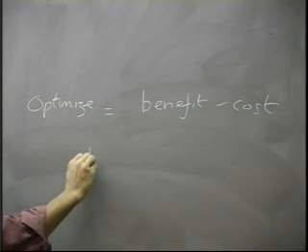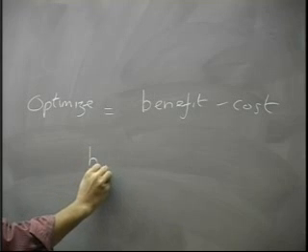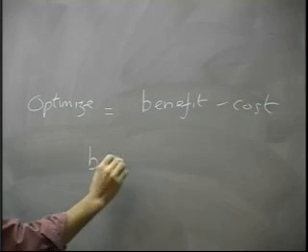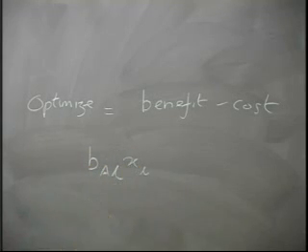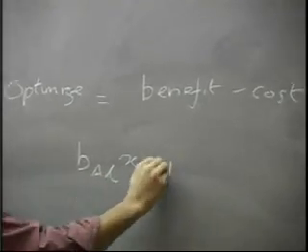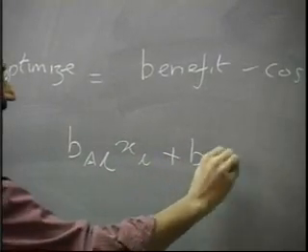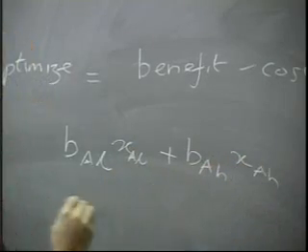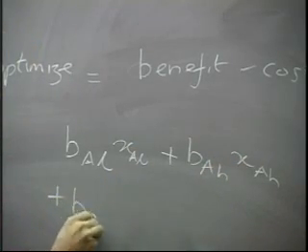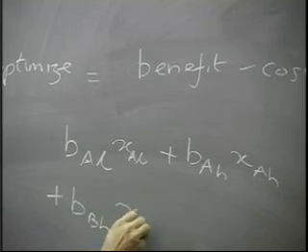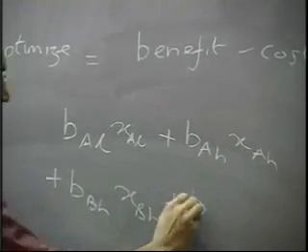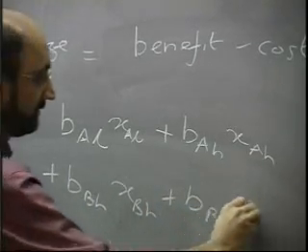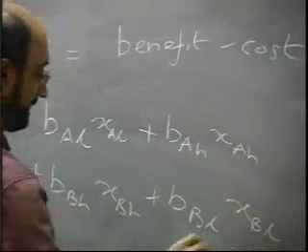It's the benefit from A on sending on L times XAL, plus the benefit from A on sending on H, XAH, plus the benefit from B on sending on H, XBH, plus BBL, XBL.